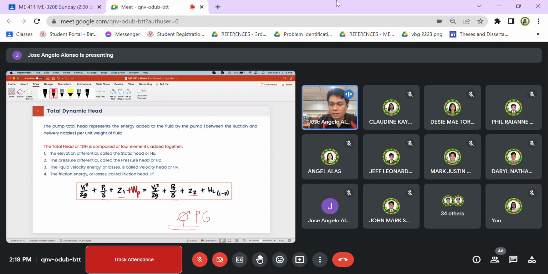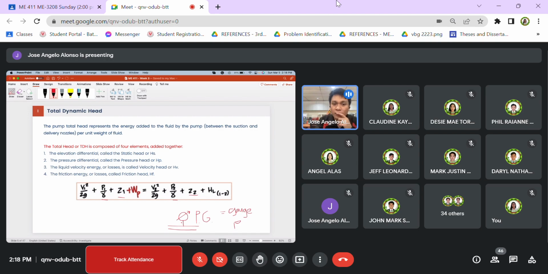Anything registered or seen on the pressure gauge will be in gauge pressure only. So the difference in pressure between the discharge and suction, we also add it to calculate the total dynamic head.